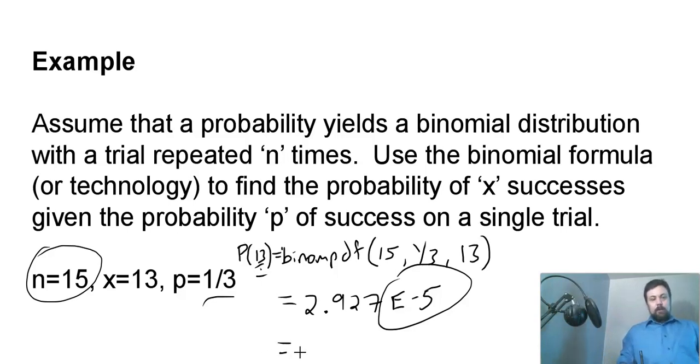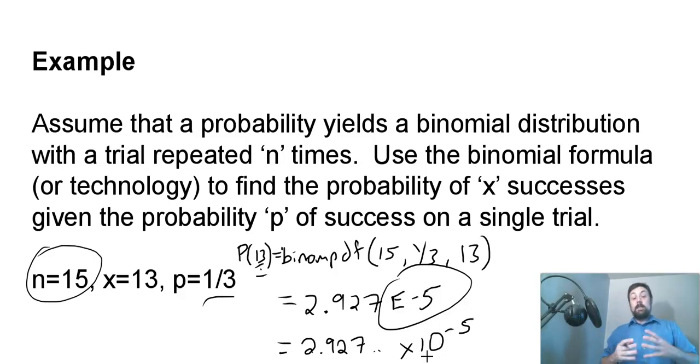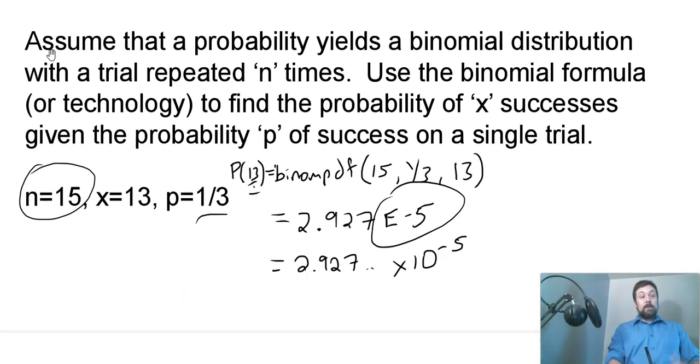This means we have 2.927, and there's more after that, but times 10 to the negative 5th, right? That e negative 5 means it's scientific notation. And it's times 10 to the negative 5th, which really affects the nature of this answer. It's not 2.9. If you convert this back to a regular number, it's 0.00002927.